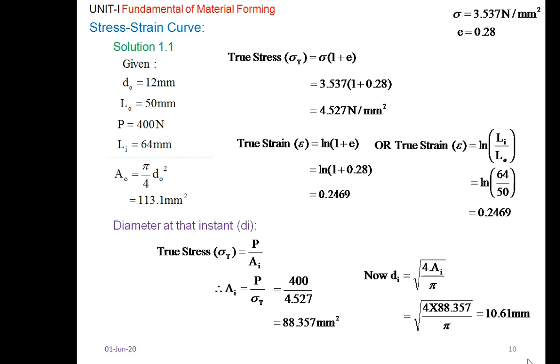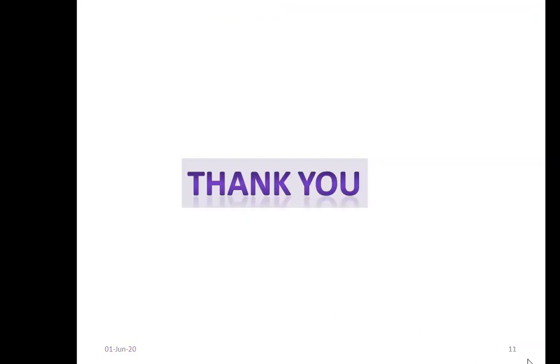So the diameter at that instant is 10.61. So this is about true stress and true strain, and we discussed the various stresses and strains, and we discussed the stress strain diagram.